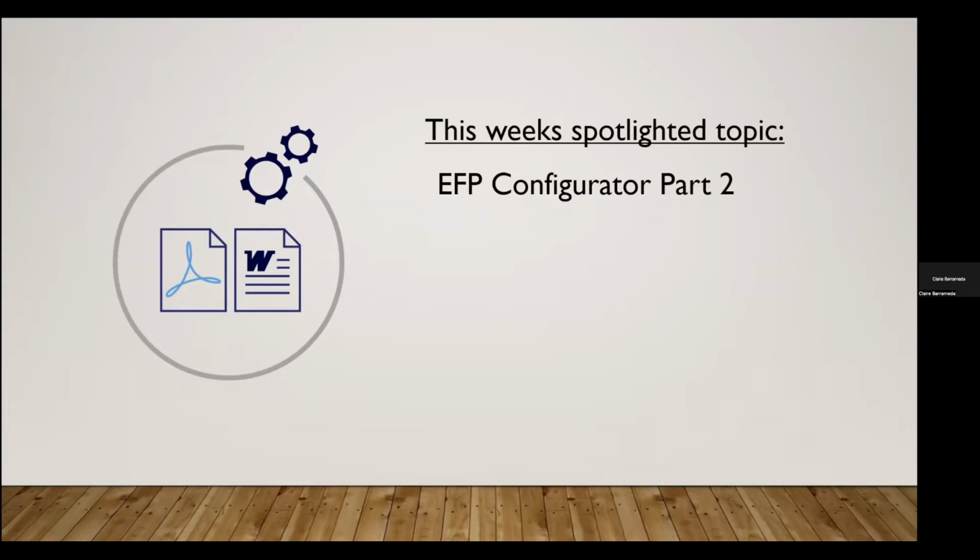I've been using the EFP merger tool and the PDF merger, and I've been using them together quite a lot. Unfortunately, our files are quite large and they're exceeding the Quickbase limitation of 75 megabytes.